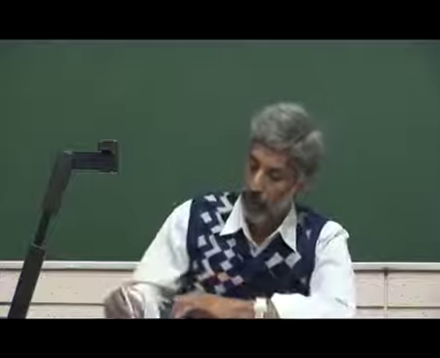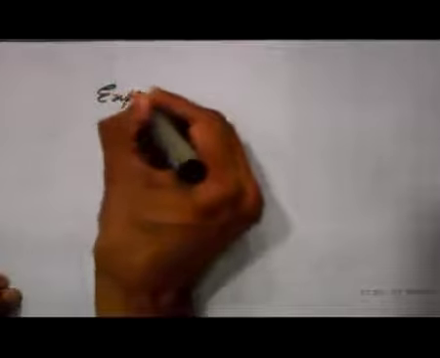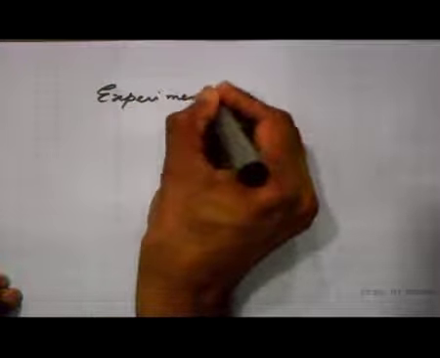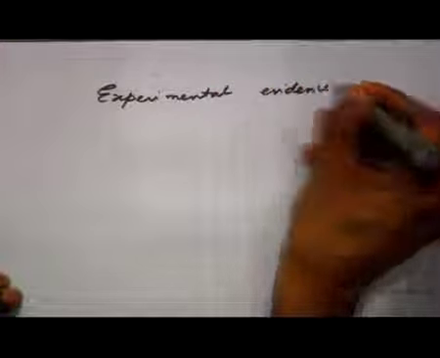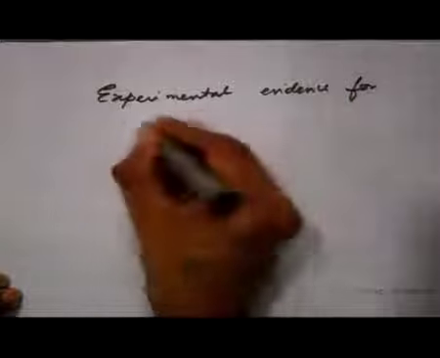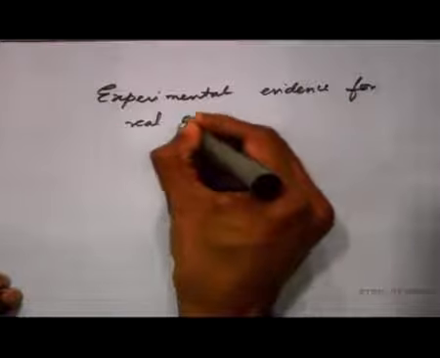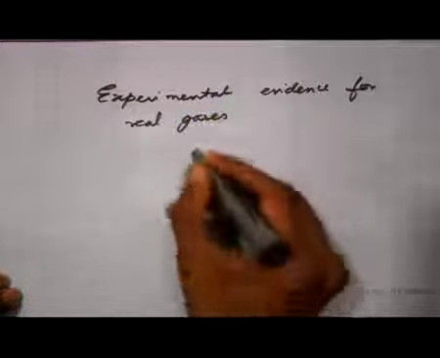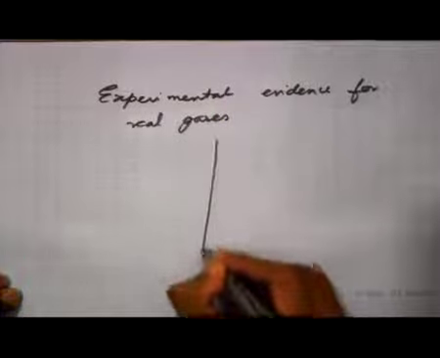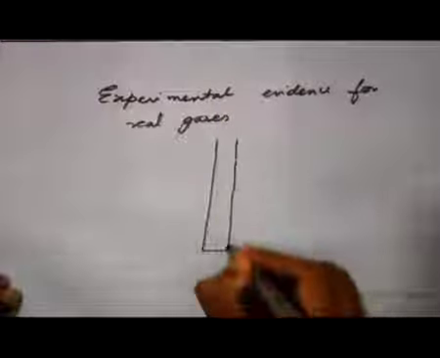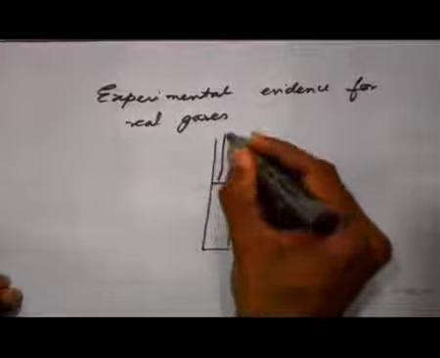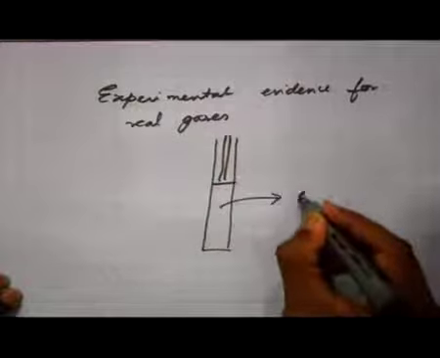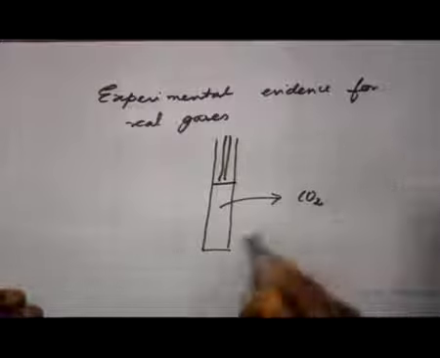So, this is the experimental evidence, which comes from Thomas Andrews. What did he do? He took a gas, in his case carbon dioxide, and he fixed the temperature.